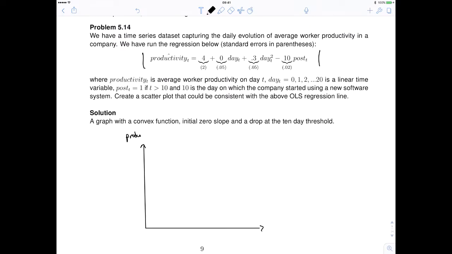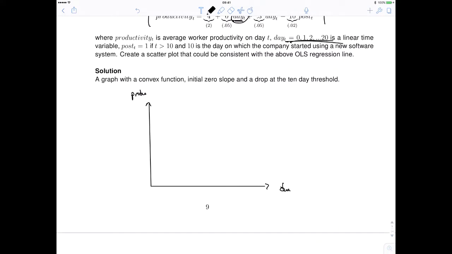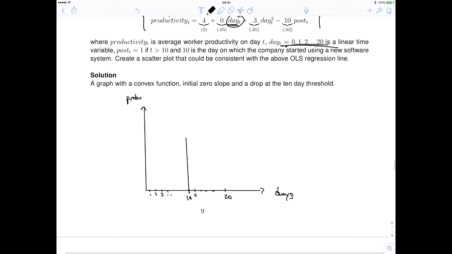Time passing, right? This is the number of days. Those days will go from 1 to 20. This is what we've been given, right? So you will have days here, and here you have things like 1, 2, 3, 4, and then you're going to have a 10 here, and then 11, etc., up until 20. And that's where something happens. There's a change that happens in there. Okay?